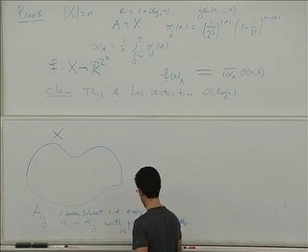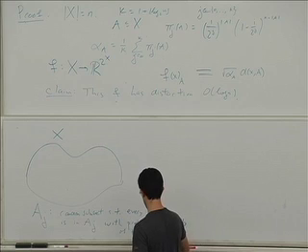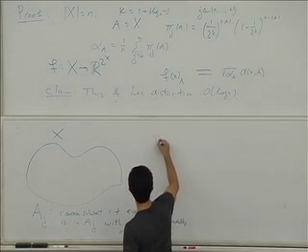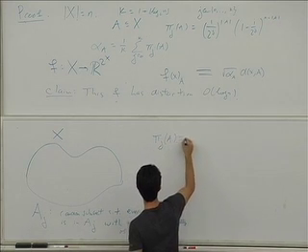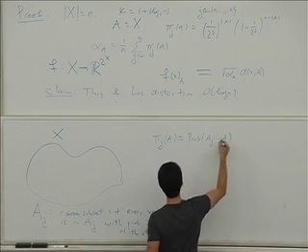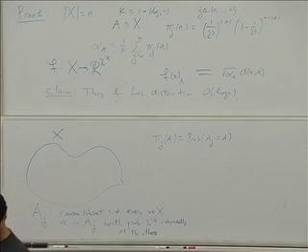So for every point, you flip a coin with bias 2 to the minus j, and that's A_j. This is this random subset. So pi j of A is just the probability that A_j is A. Okay, so this is what pi j is.